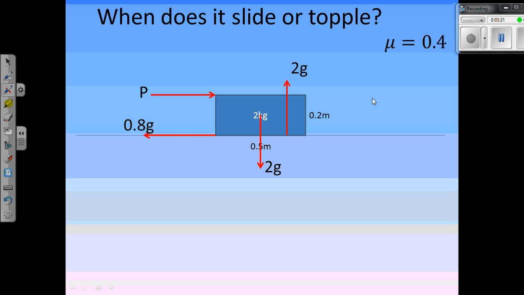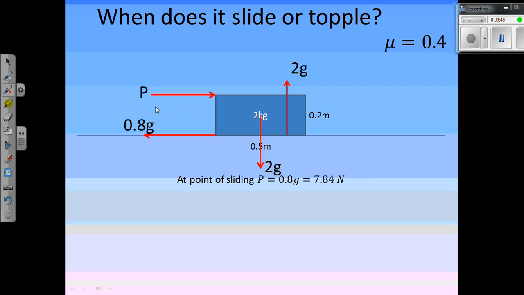So when it slides, it's pretty obvious. This is really just from the first chapter. P is going to increase, and there's going to be no movement until P becomes 0.8g. When it becomes 0.8g, it's on the point of sliding. So at the point of sliding, P is going to be 0.8g, which is 7.84 newtons.